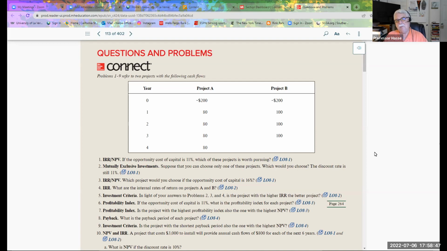So here's a problem on page 263 of your textbook, where it gives 2 projects, Project A and Project B. Now they keep the numbers very low on this, but you can imagine you're Amazon, thinking about building a new distribution center, which they are in Ontario, at $350 million.